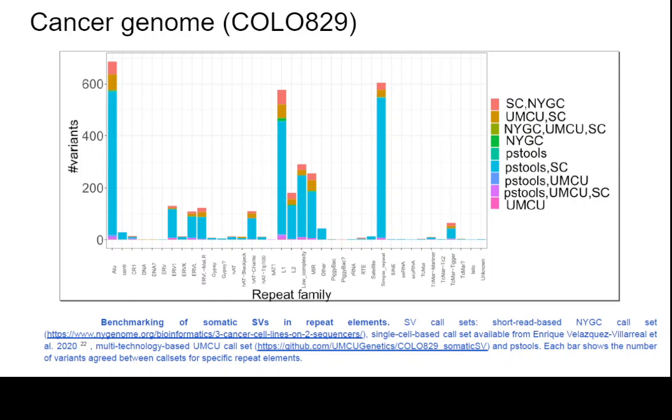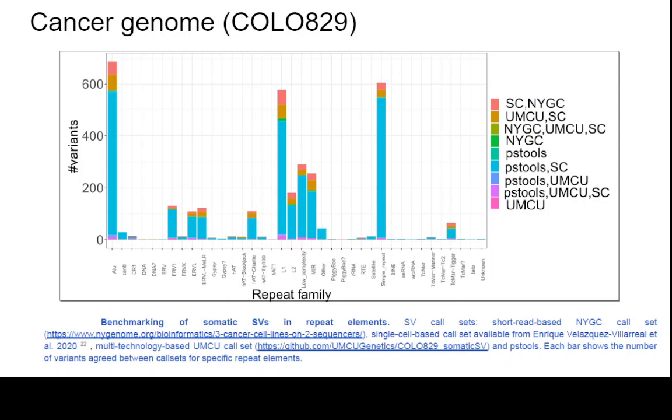So we considered different repetitive classes. On the x-axis you see ALUs, ERVs, L1s, L2s, SINE elements, and telomeric regions, and so on. And on the y-axis are the number of variants that are consistent across different methods. So we took different call sets.